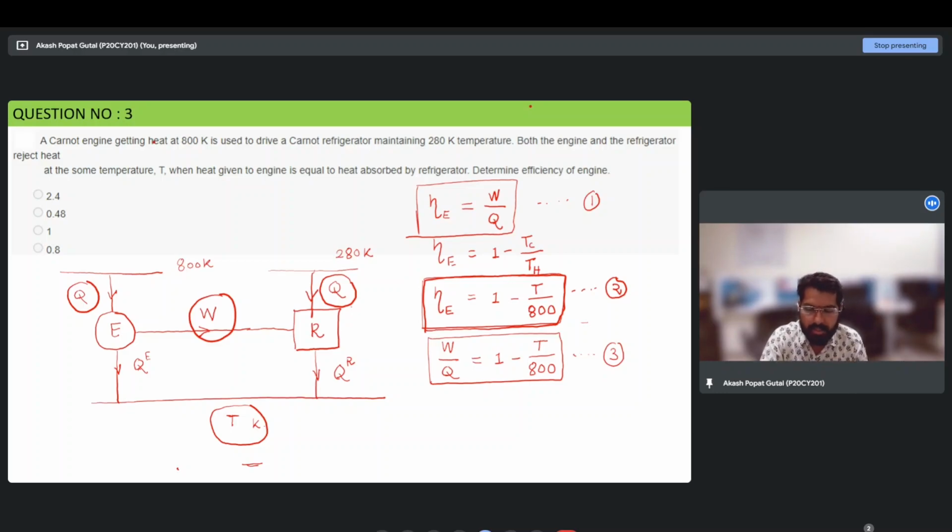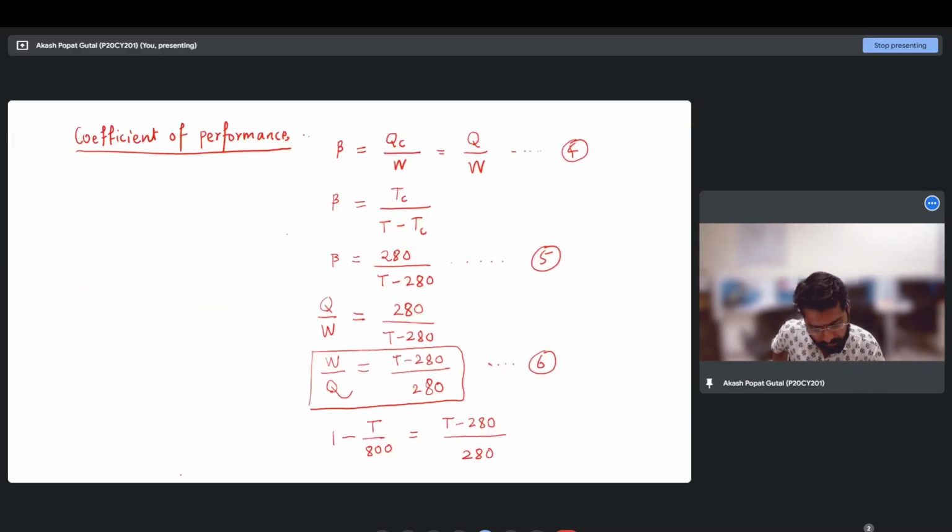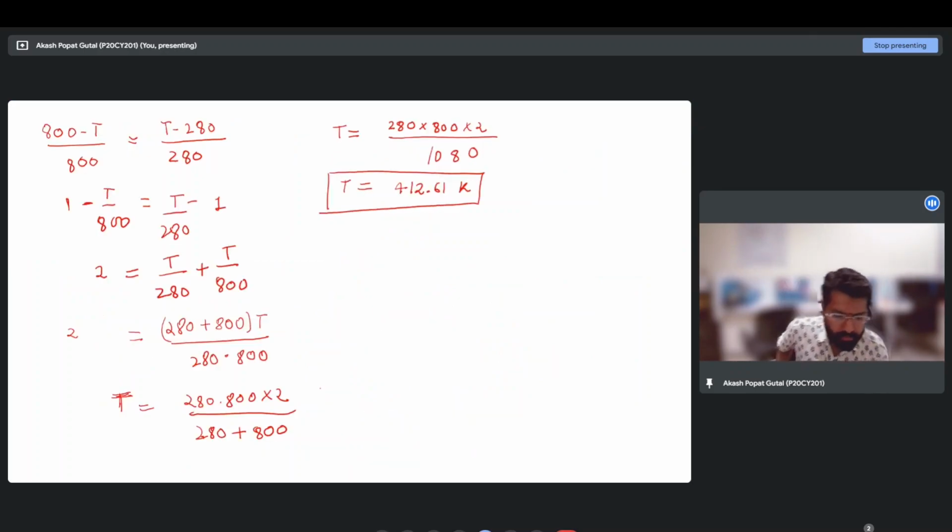And similarly, in the case of the refrigerator, 280 Kelvin is the cold bath, and the refrigerator must be rejecting the heat to a reservoir having a temperature greater than 280. So this temperature must be between 800 and 280. And we are getting the same 412.61.